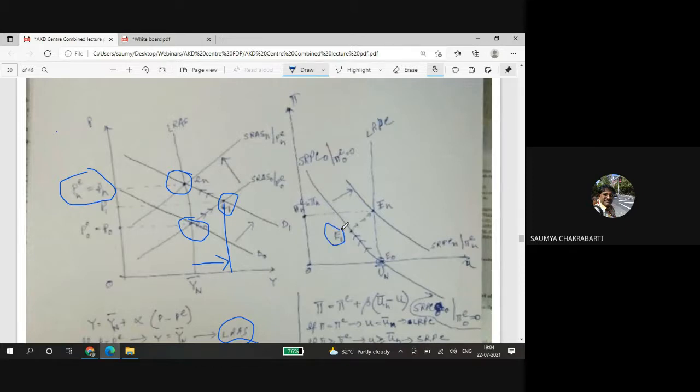This E1 corresponds to this E1, this E naught corresponds to this E naught, and this En corresponds to this En. So the movement is exactly the mirror image, where you find in the short run there is an inverse relationship between rate of unemployment and rate of inflation, but in the long run it vanishes.